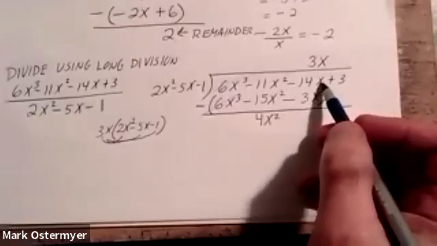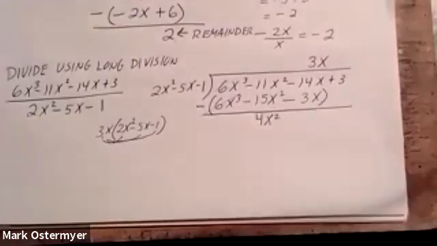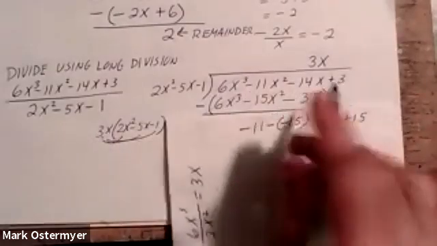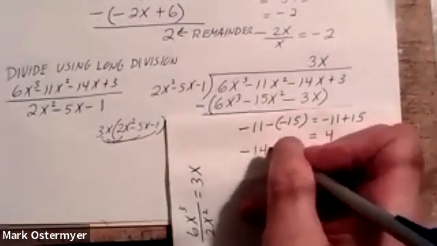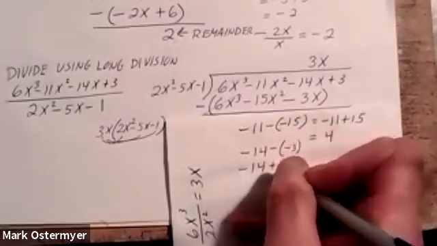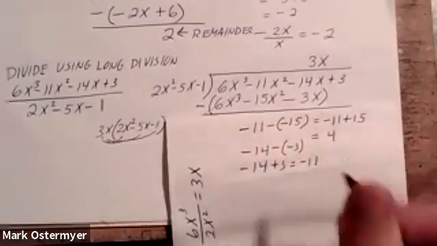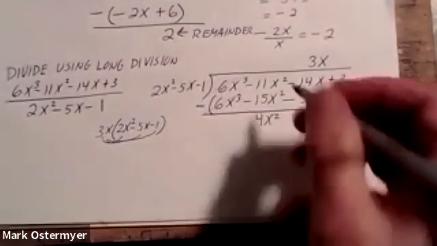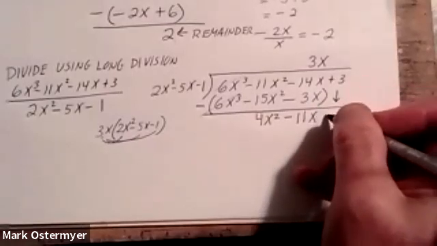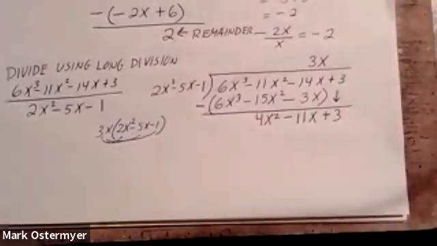What's negative 14x subtract negative 3x? Negative 14 minus a negative 3 is negative 14 plus 3, which gives you negative 11. Bring down the 3.